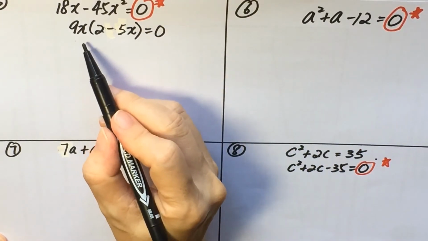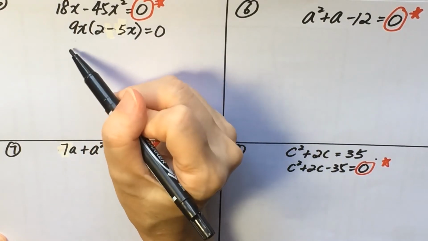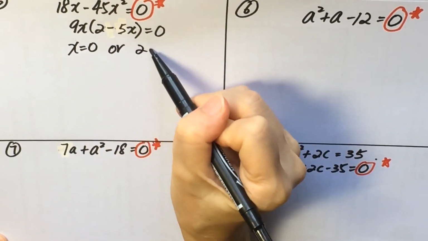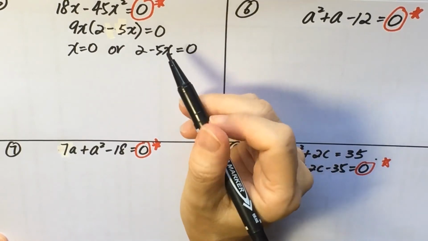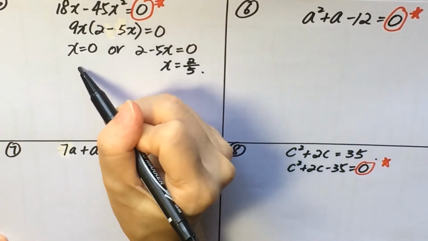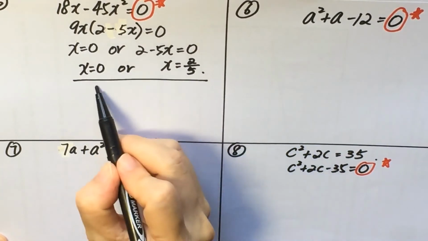So 9 times x times 2 minus 5x equals to 0. 9 cannot be 0, so the 0 must come from x, or the 0 must come from the second factor. Okay, so in this case, our value for x will be 2/5. So x is equals to 0 or x equals to 2/5.